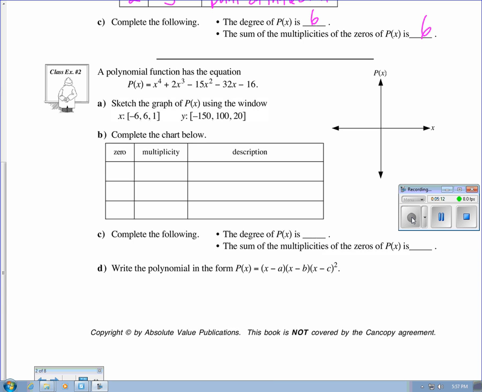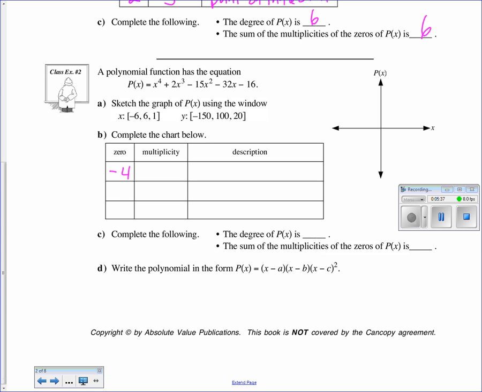So the question gives us some really good ideas about how to set the window. In this one, I don't have it written in factored form, so I actually have to rely a little bit more on my calculator to identify what those x-intercepts are. Your calculator can calculate that for you, but I've got 3 x-intercepts. I've got an x-intercept at -4. I've got an x-intercept at -1, and I've got another x-intercept at 4.